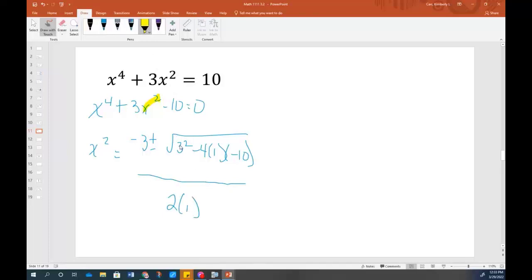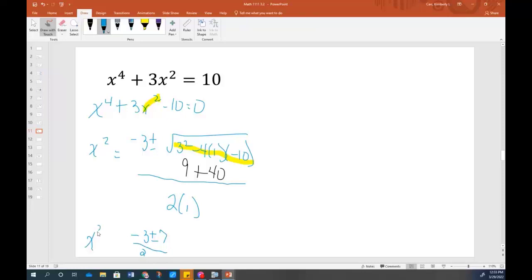Now I'm going to look at that discriminant part first and simplify that. So that is 9 plus 40, so that's the square root of 49. Yay, got another one that just happens to work out. So negative 3 plus or minus, now the square root of 49 is 7, and it's over 2.